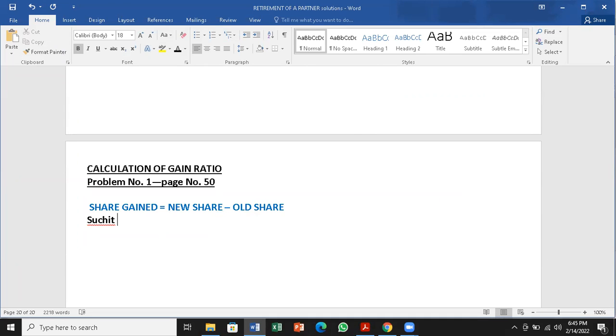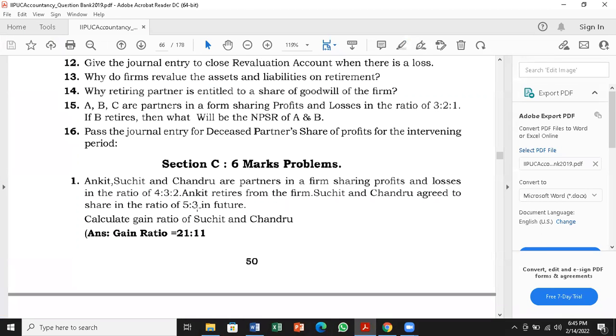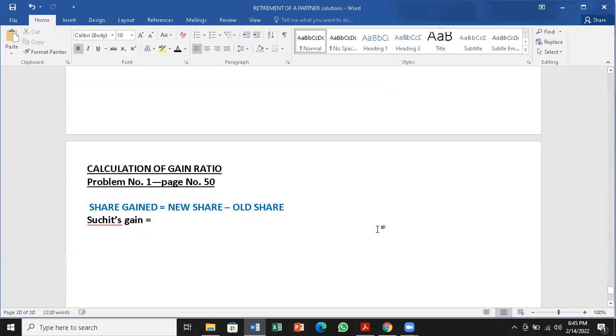Suchit, the new share of Suchit, 5:3 means 5/8, minus old share of Suchit.